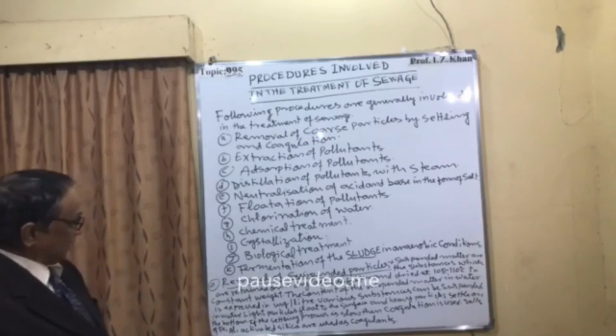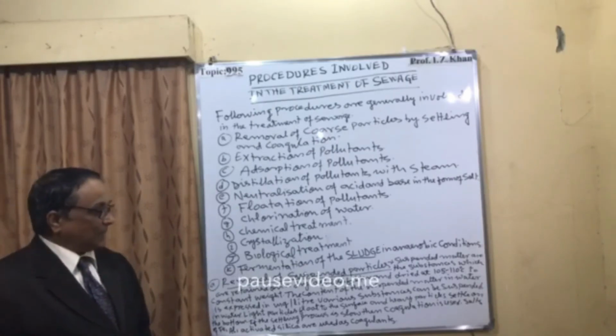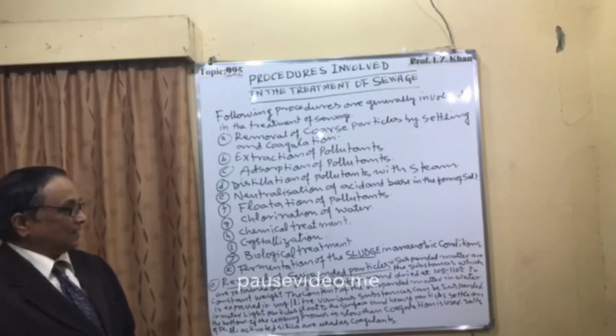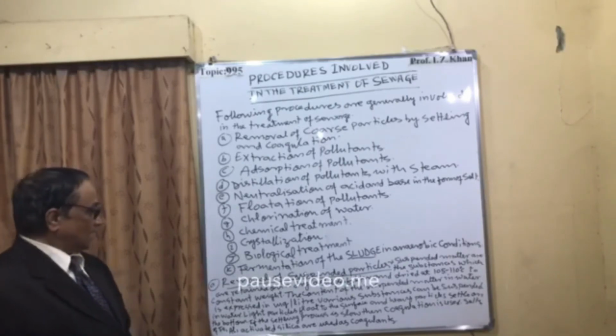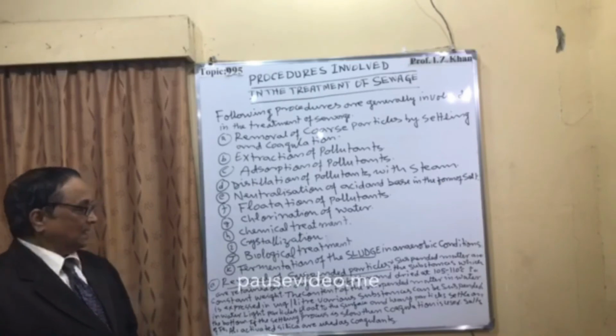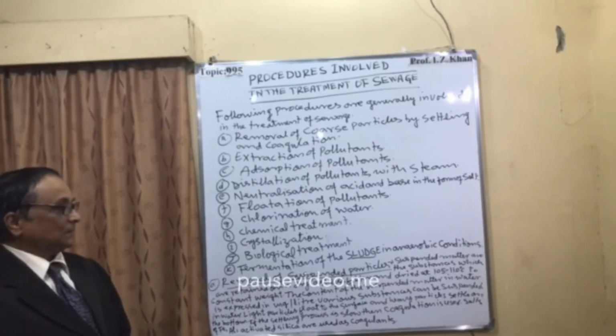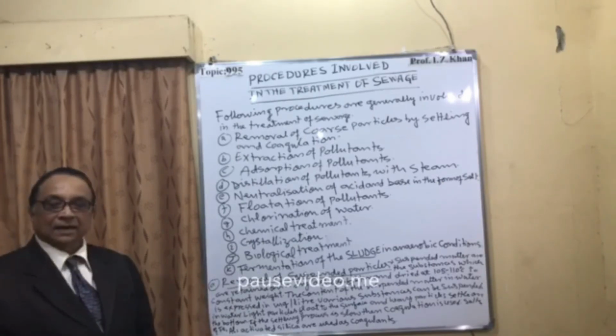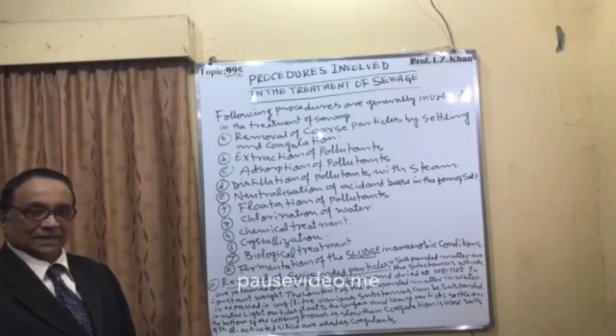So let me take A, the removal of suspended particles. Suspended matters are the substances which are retained on a dry ashless filter and dried at 105 to 110 degrees centigrade.